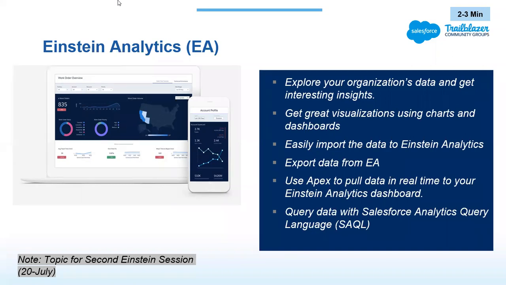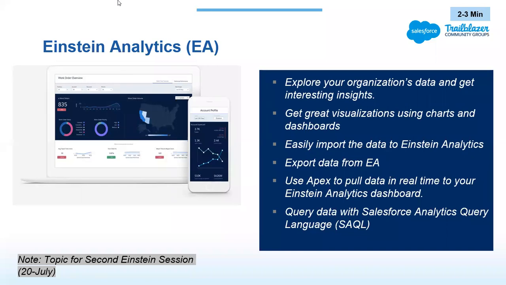You can import a lot of data to Einstein. There are different connectors and different ways to import the data to Einstein Analytics. You can also export the data, of course. It provides you lots of great charts and visualizations. So you can create dashboards, and you have awesome charts available, which are used inside Einstein Analytics to provide a variety of perspectives to the business.